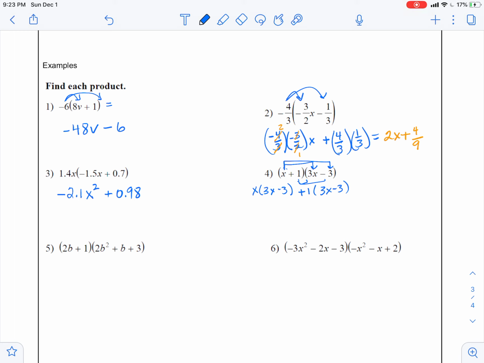And so when you multiply this out, you're going to get 3x squared minus 3x plus 3x minus 3. And then we're going to combine our like terms because we already did addition. In this case, the 3x and the negative 3x are going to cancel, and I'm just left with minus 3. Okay, so that's technically doing the distributive property.